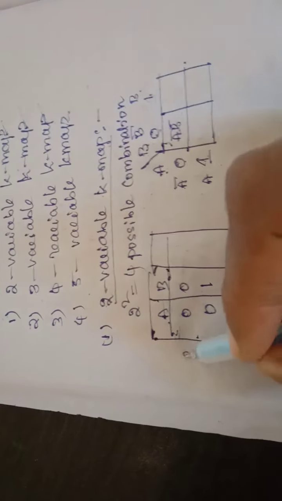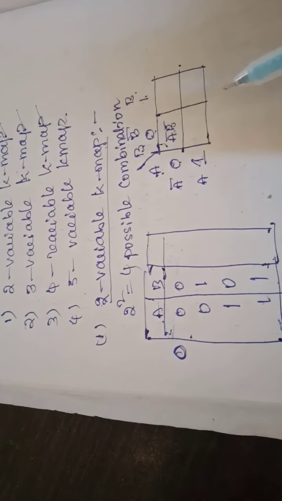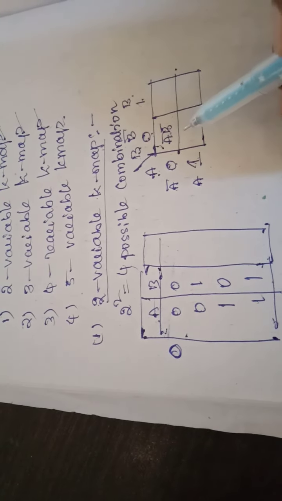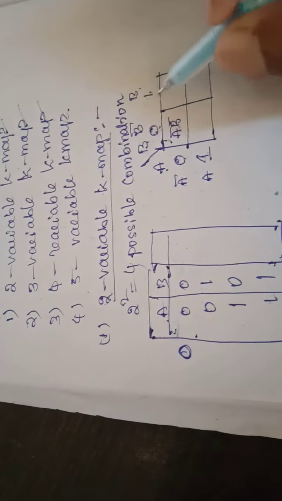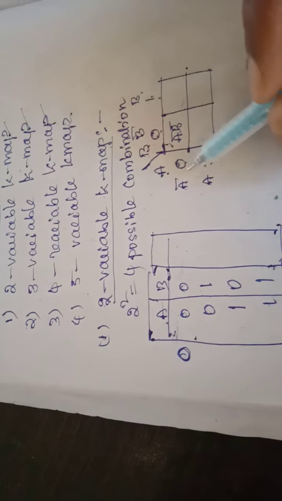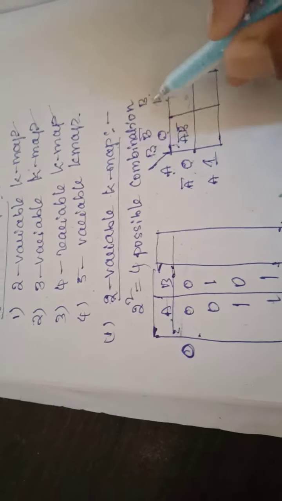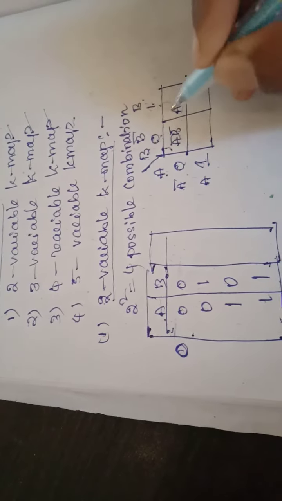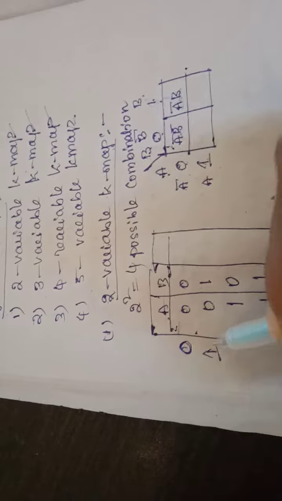So how can we find the min terms and the max terms? If you are considering three variables, that is ABC, so n is three variables. The maximum possible combinations is 2 power 3, that is 8, so 0 to 7 is possible, from 000 to 111.